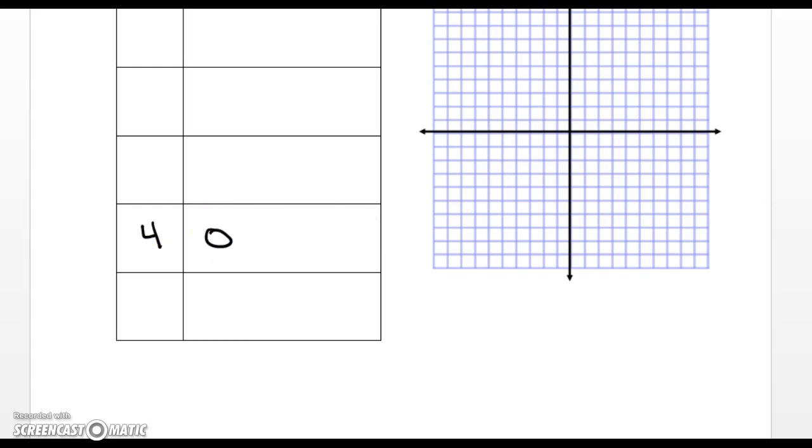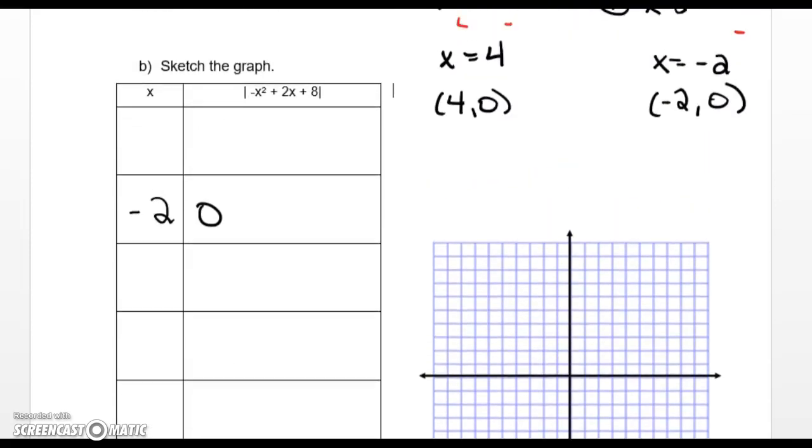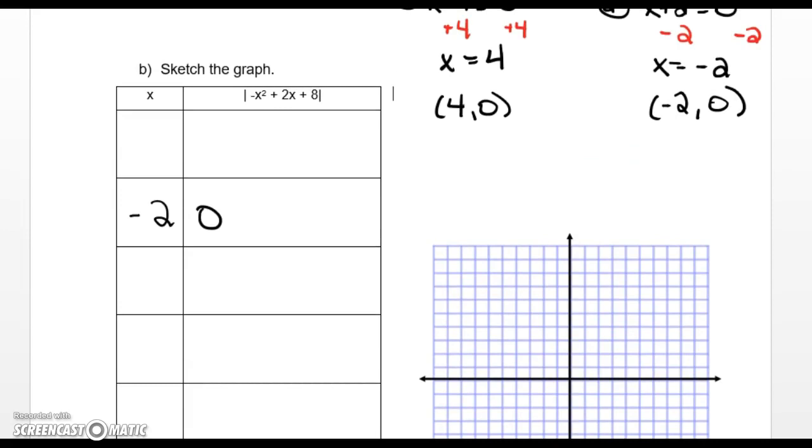Another point that we really need to have in our table values is our vertex. And if you remember all the way back from chapter 4 and chapter 3, we looked at graphing quadratic functions in standard form. So we can apply the same concept here using this function, just without the absolute value symbols. To find our vertex, we use the formula x is equal to -b over 2a.